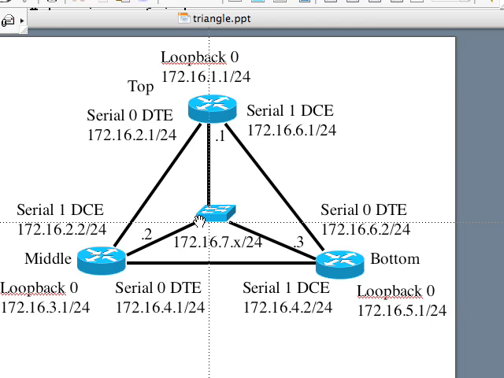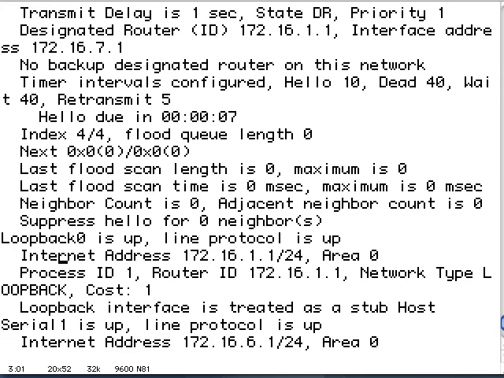What happens in this type of network is that you elect a designated router and a backup designated router, and all of the routers become neighbors with the designated router and the backup designated router, and that's it. And that way, if you had 10 routers, instead of 55 neighbor relationships, you would have 9 neighbor relationships for the first one, plus 8 for the second one, so you have a total of 17 neighbor relationships, which is not bad when you have 10 routers.